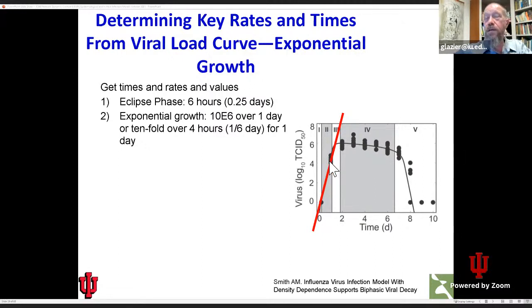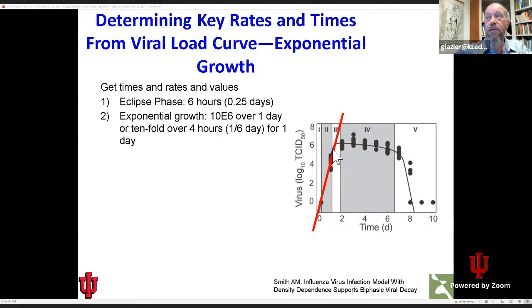So that means that we actually go up. Actually, I drew my line wrong. To get to a day and a quarter, we would have to go a little bit further, up to about where this red line is intersecting that black line there. And that's more like 10 to the 6th. So we get an increase of 10 to the 6th over 1 day.